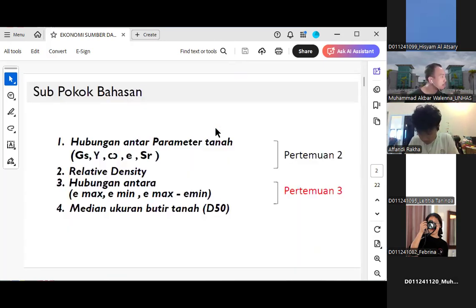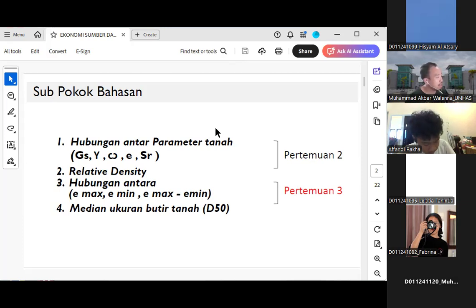For this week, we are going to focus on the soil parameter relationships and also relative density. For next week, we are going to focus more on other parameters like e, the void ratio. I'm going to briefly explain that at the end of the lecture so that you can make sense of this parameter and why it is important.